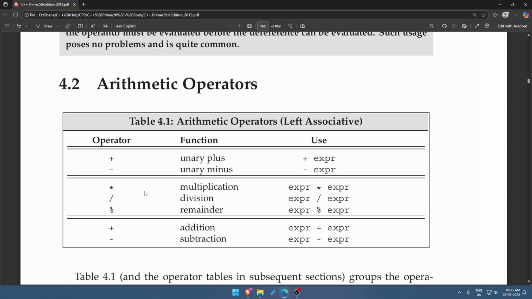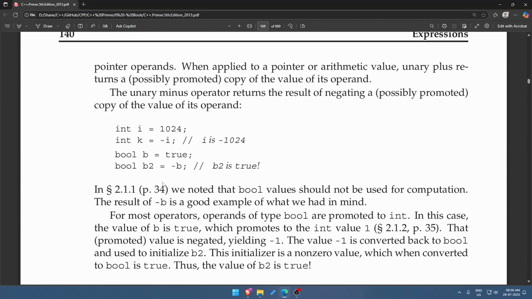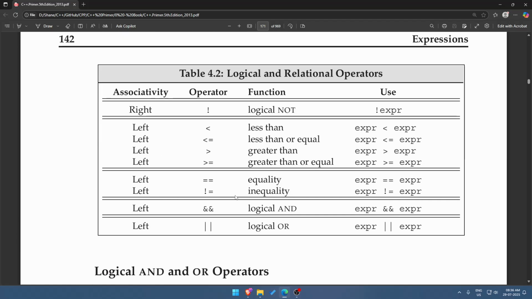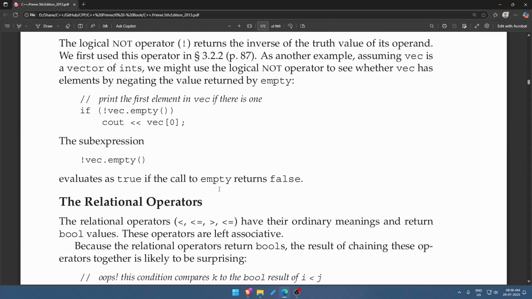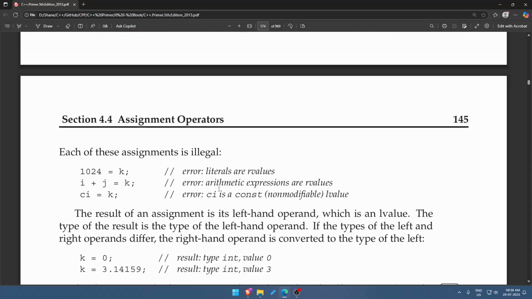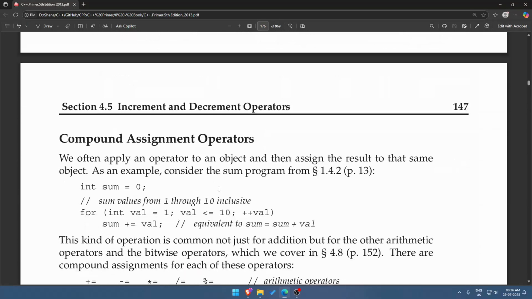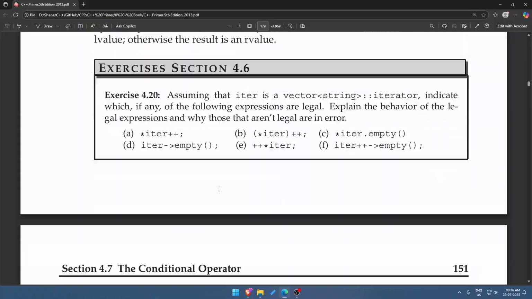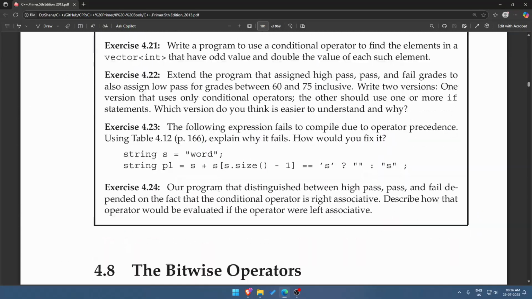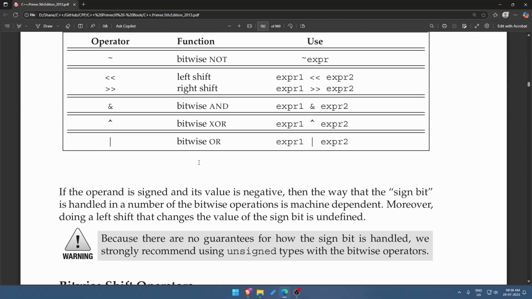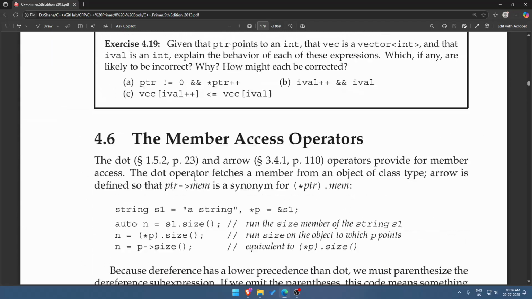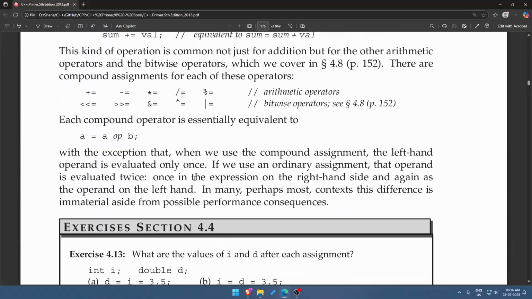Okay, where is table 4.12? Can I see table 4.12? Can we take a look at table 4.12? Let me see table 4.12. Is this table 4.3 bitwise? No. Alright.